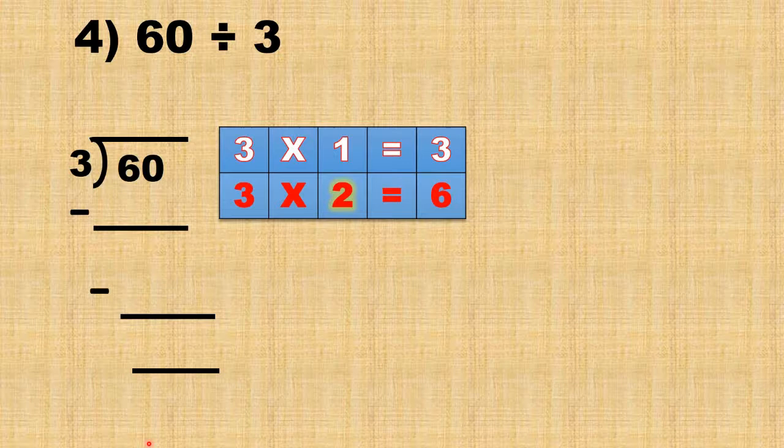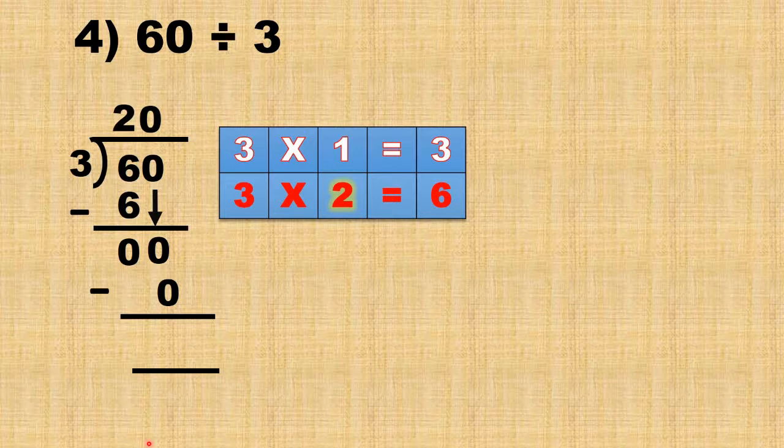So 3 ones are 3, 3 twos are 6. Write 2 in the quotient above the line and subtract 6 minus 6, which is 0. Now bring down the next digit, that is 0. 0 divided by any number is 0. Therefore, let us write 0 in the ones place in the quotient.